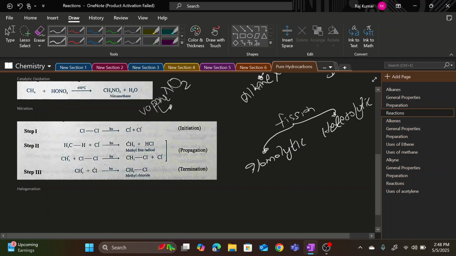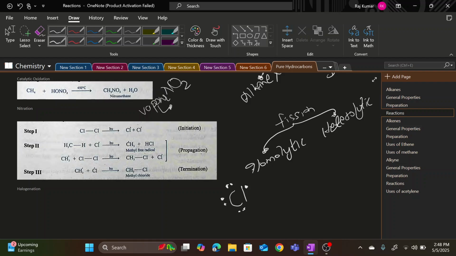For example, let's say I take a chlorine molecule. Let me draw the electrons: two electrons here, two electrons here, two electrons here, two electrons here, and there's another chlorine molecule.